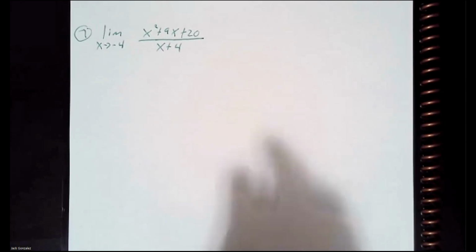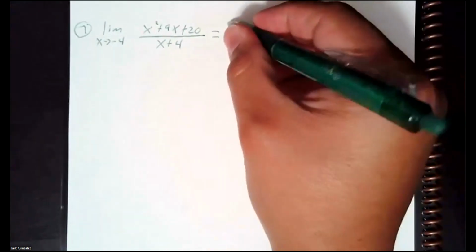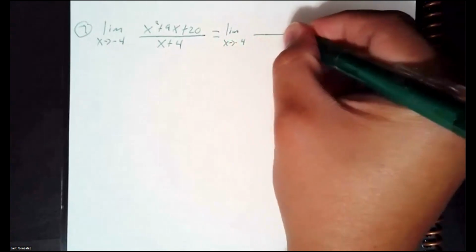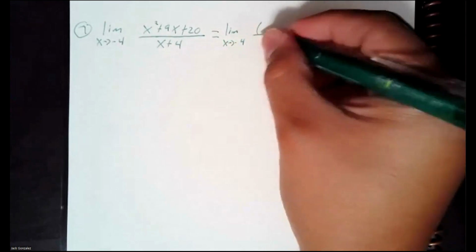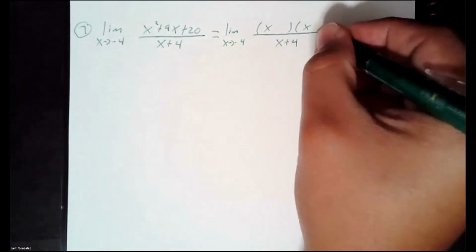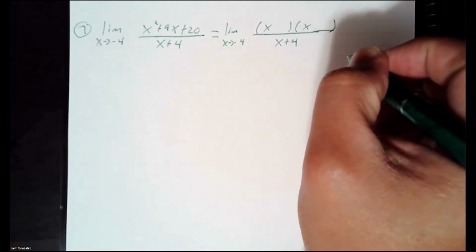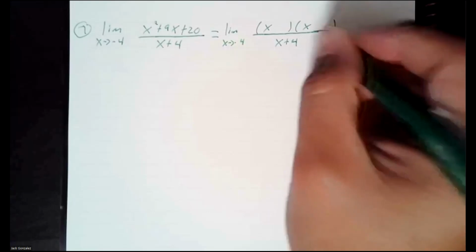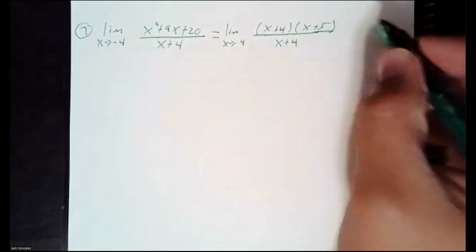All right, so number 7, we can't take the limit because we get division by 0. So try factoring first. The top part, how does the top factor? x plus 4 times x plus 5, I guess.